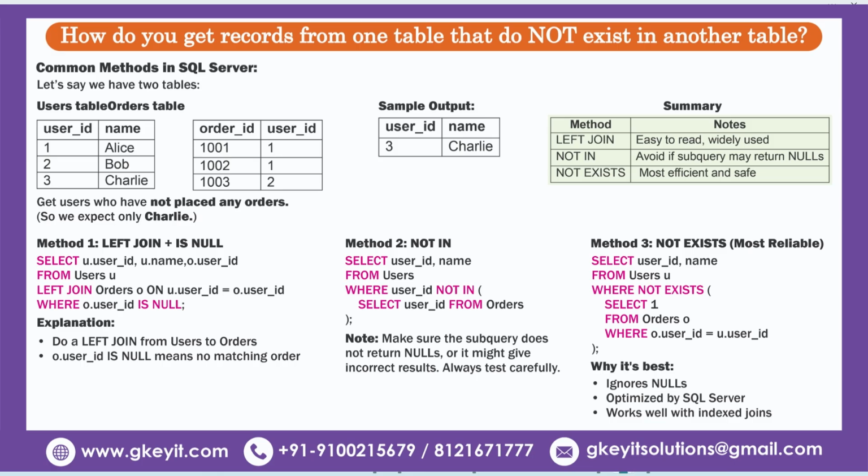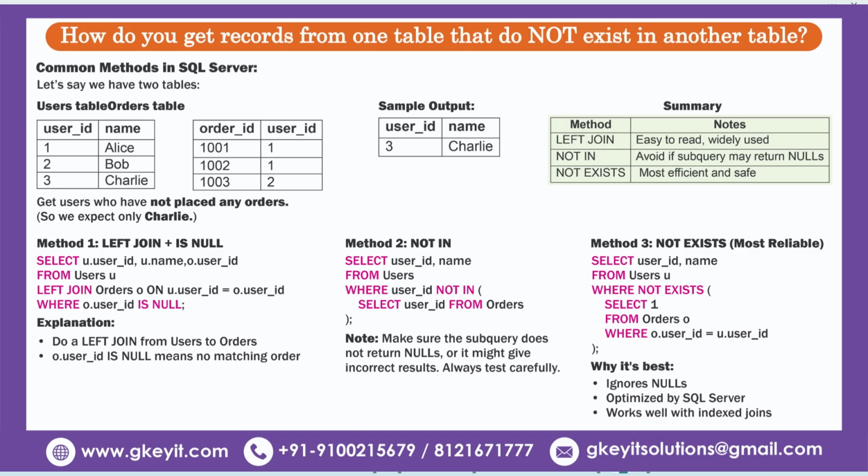In this way, by using all these three different ways, we'll get the output user ID 3 and name Charlie, who did not make any order in the orders table. The summary of these three methods: left join is easy to write and widely used.